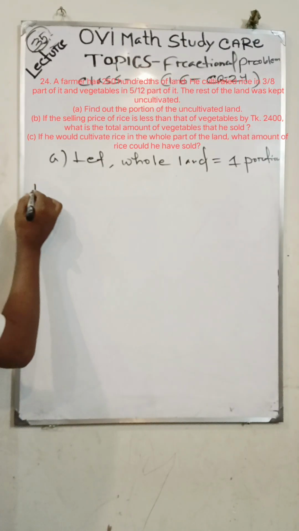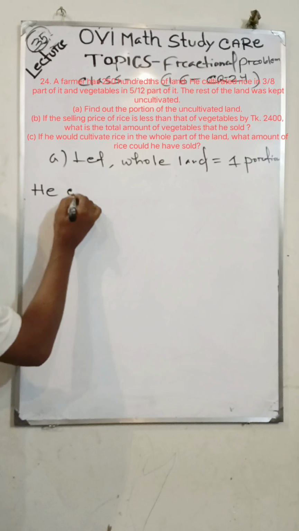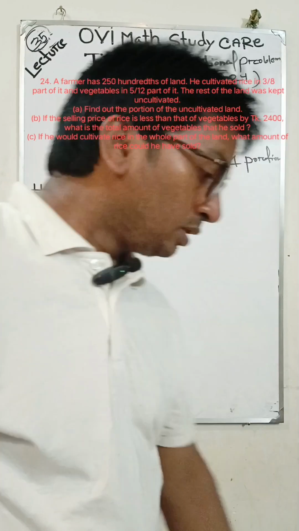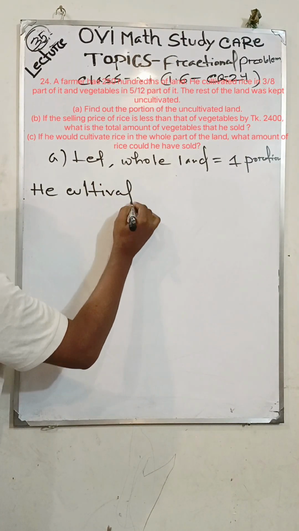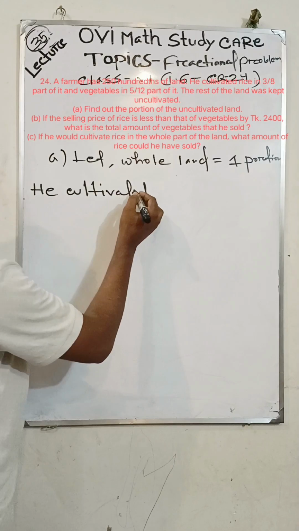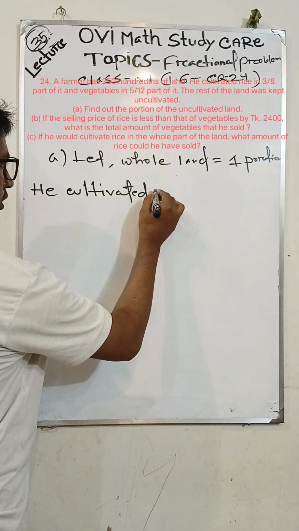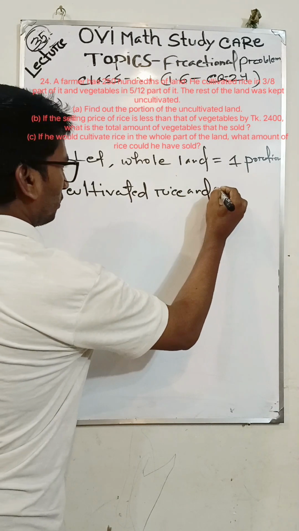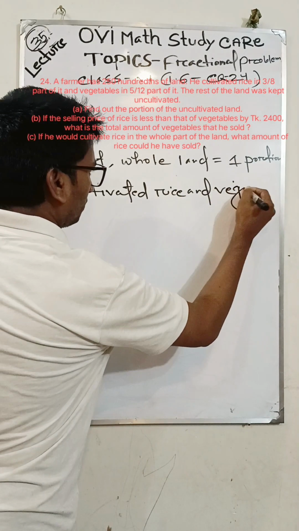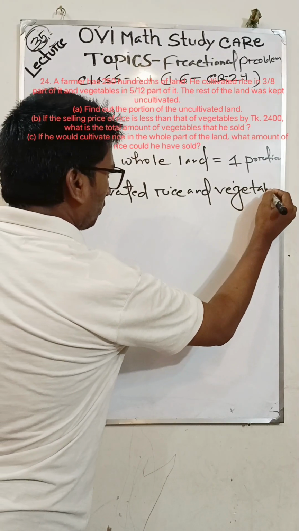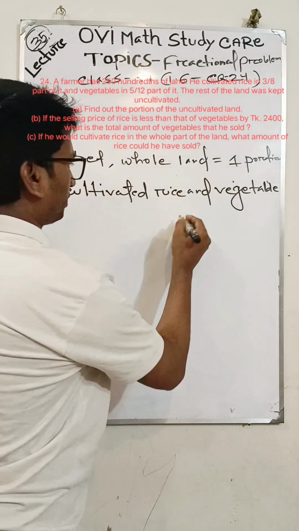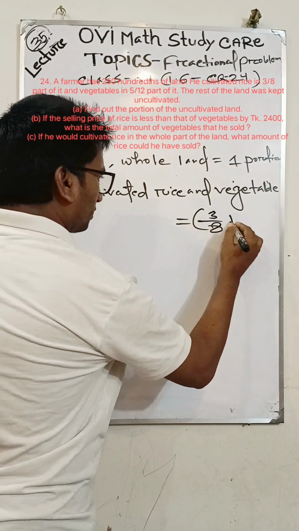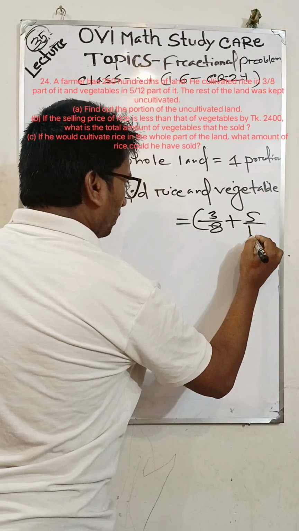Then he cultivated rice and vegetables equal to 3 by 8 plus 5 by 12 part.